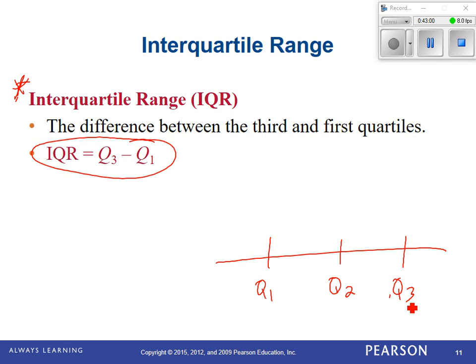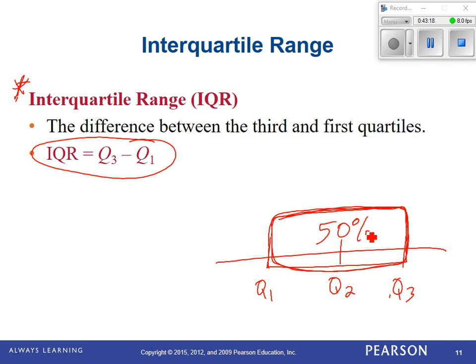So if you're looking at the interquartile range, what you're looking at is this data in here. What should be true about that data? How much of the entire data should it be? It should be half, 50%. Well, no, because the median tells you that half of the data is from here down.